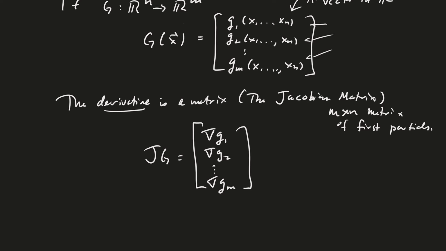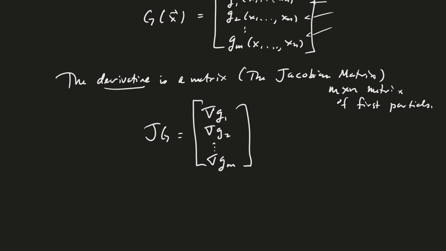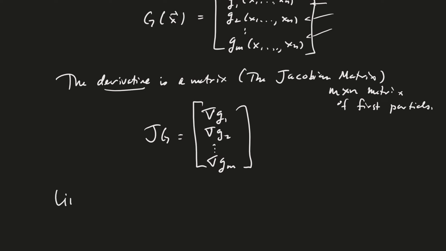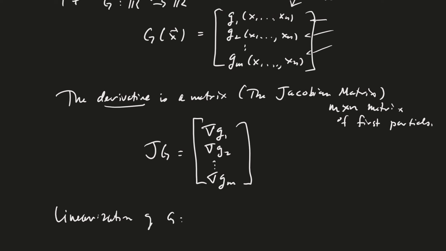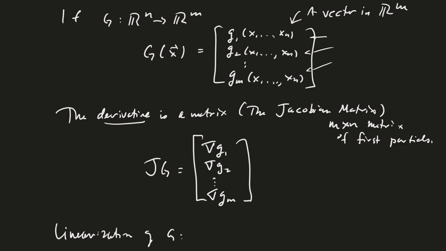So what would the linearization of G be in this case? The linearization of G. Now remember, G is mapping what to what? Rn to Rm. What is a linear map? So this is a side remark.